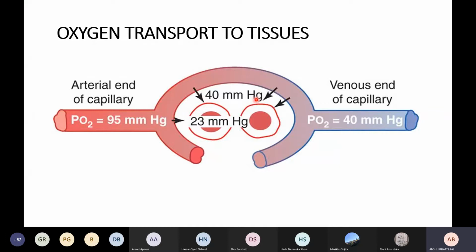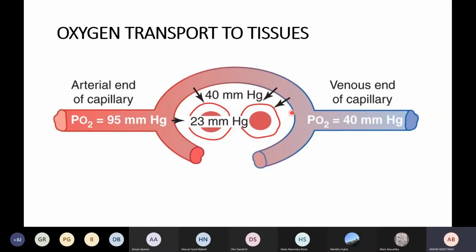The partial pressure of oxygen in the interstitial fluid is about 40 millimeter of mercury. So again, there is a great pressure difference. So oxygen can easily be transported from the arterial end to the interstitial fluid.